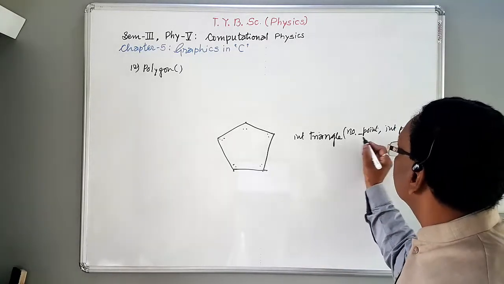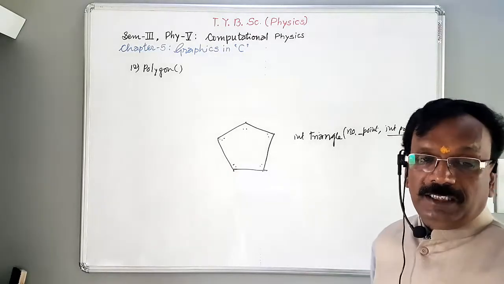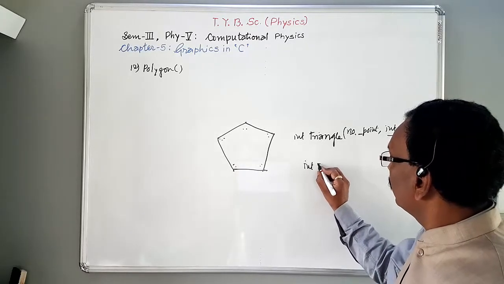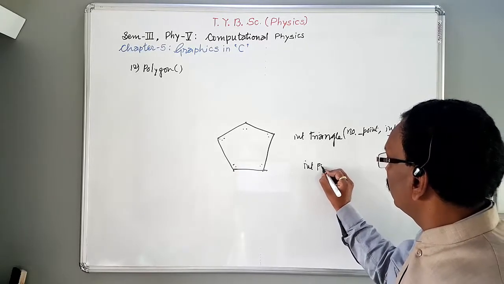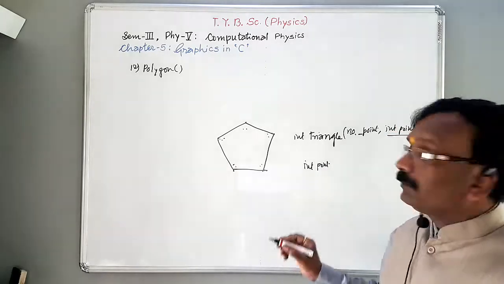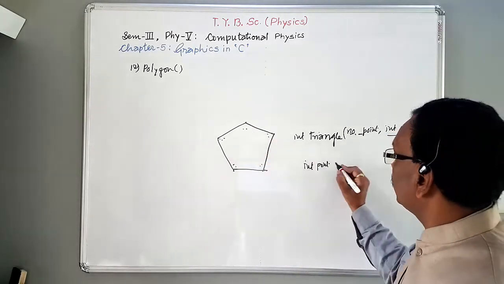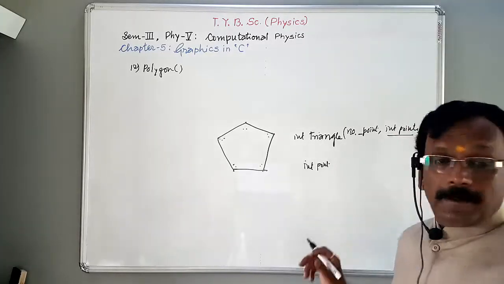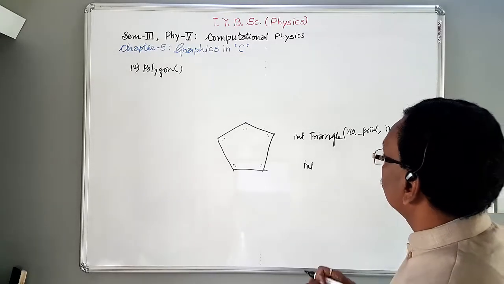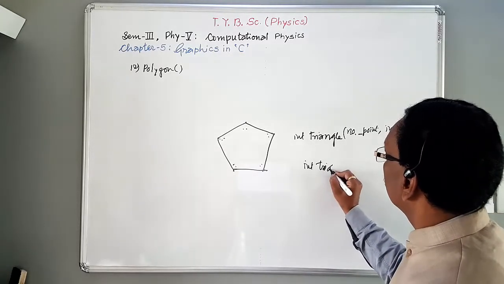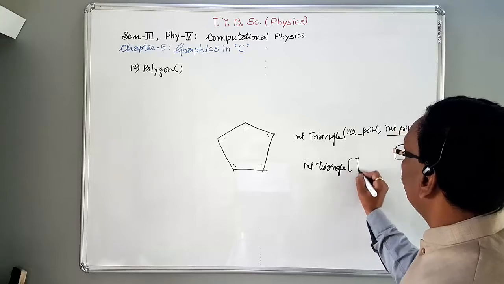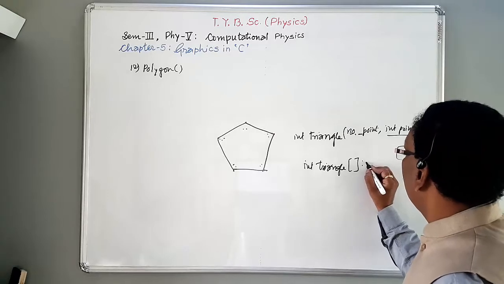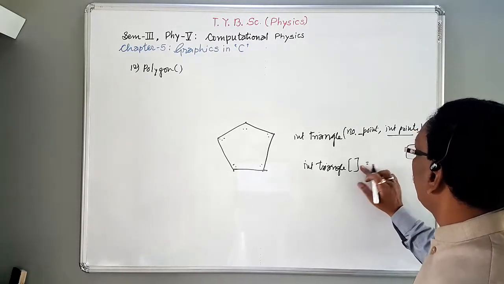Now the integer points are nothing but, see here, suppose there are 1, 2, 3, 4, 5, 6 like this. For the integer points we have to use an integer array, suppose triangle, and we have to mention the size in square brackets and then equal to.